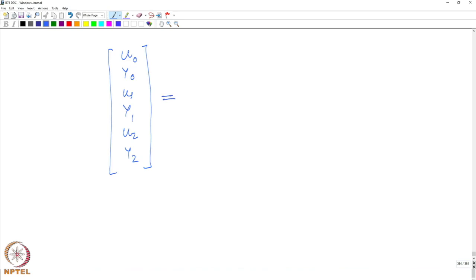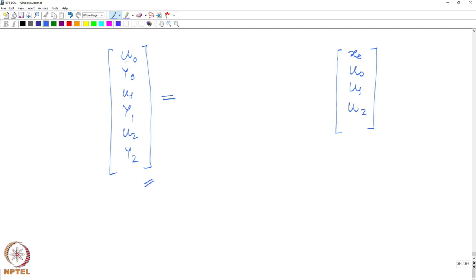So, let me write down first the independent variables which give us these in general. What is independent? Of course, the initial condition state is independent, and the inputs u0, u1 and u2 are my independent variables, which can be chosen freely.